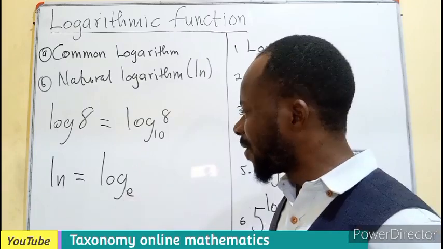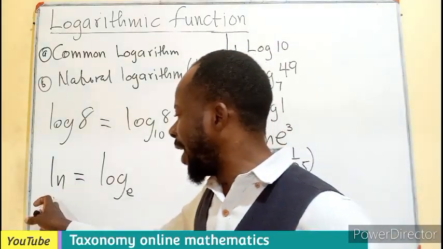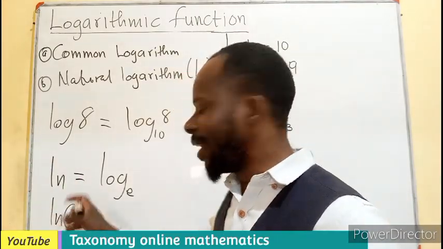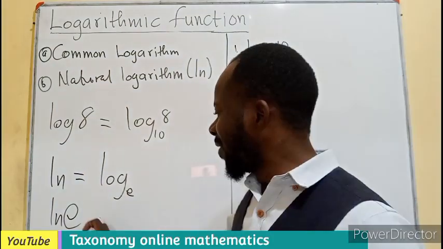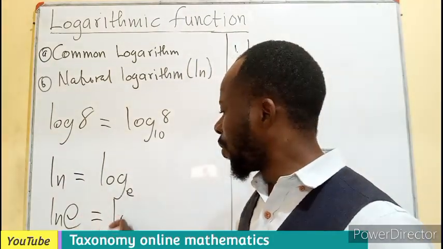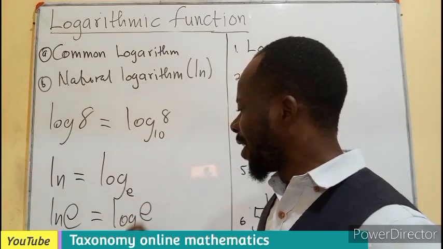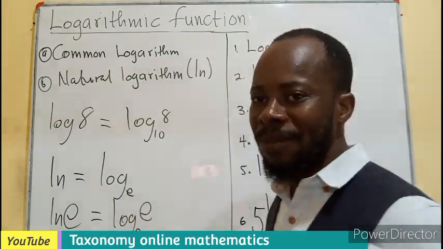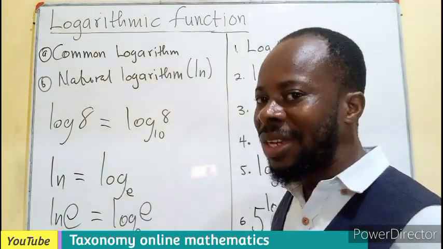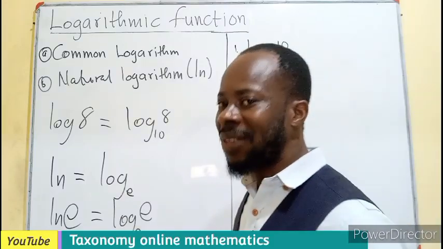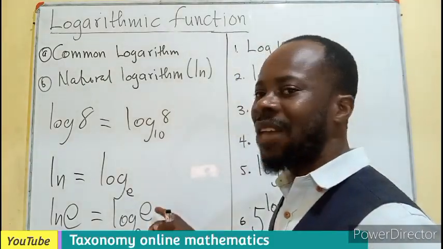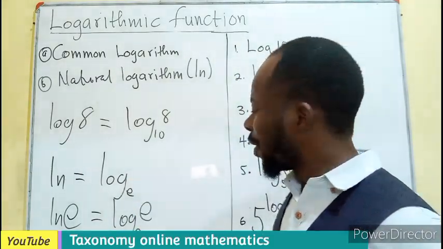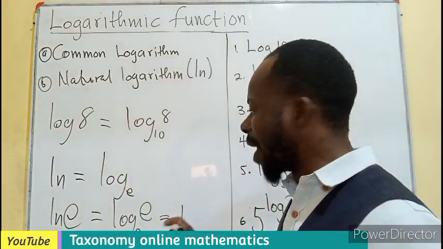So if in case I have ln e, then it means that this is going to be log e, the base what? E. You remember our property that if you have a logarithm that has the base as the argument, your answer is going to be what? 1.